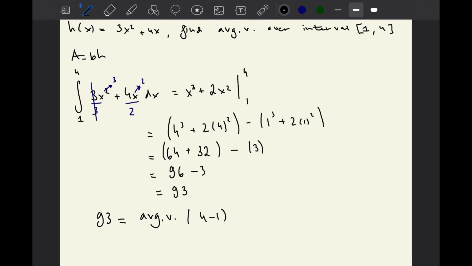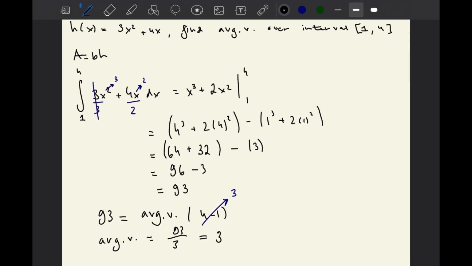Our base is 3. So let me just quickly write this because we're running out of space. We're going to have the average height, or the average value, being 93 over 3, which equals 31. So this is our final answer.